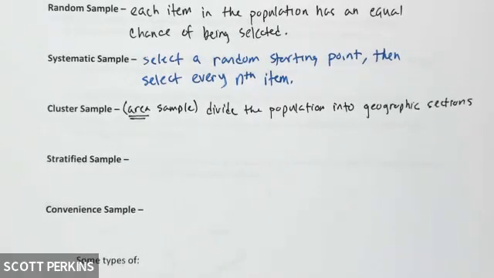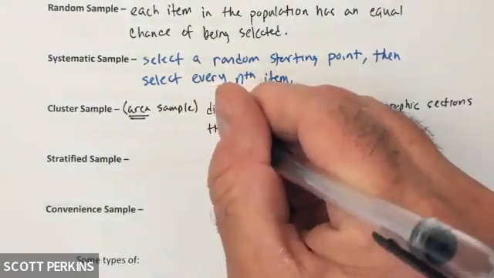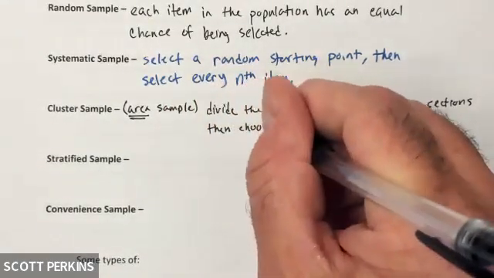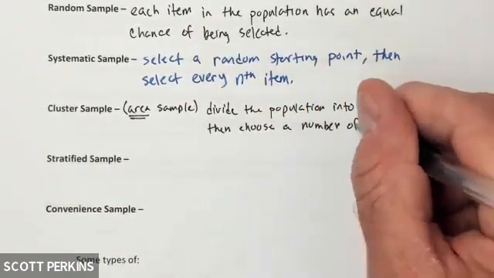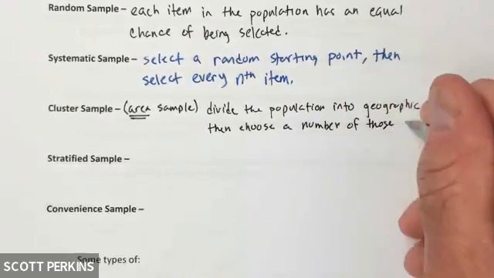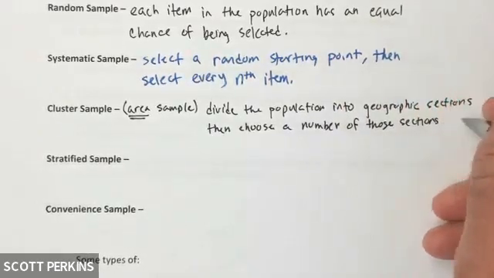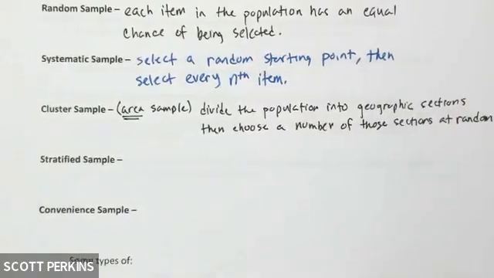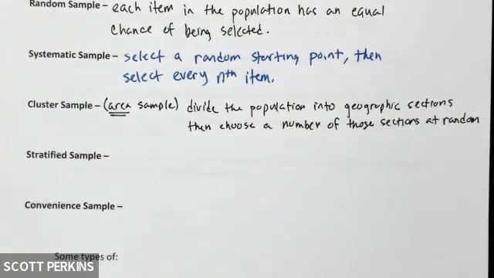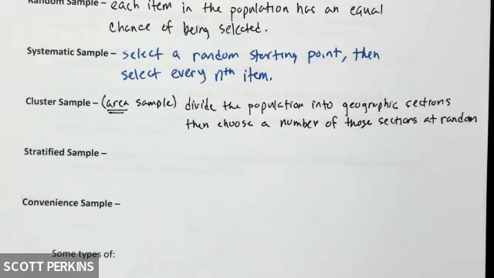Then you take a number of those sections at random. And then you choose all the elements in those randomly selected sections.